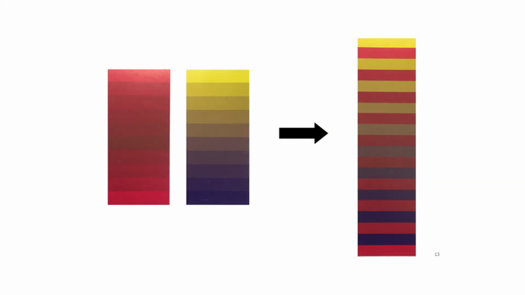So this is what we are going to do in this exercise. We are going to create progressions, not just in value, but also using saturation and hue. The exercise consists of making 2 sets of progressions that later we are going to be interspacing.